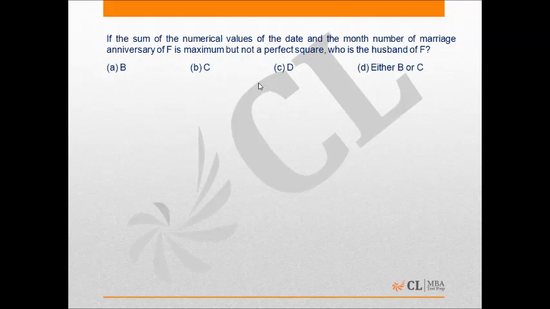If the sum of the numerical values of the date and month number of the marriage anniversary of F is the maximum but not a perfect square, who is the husband of F?